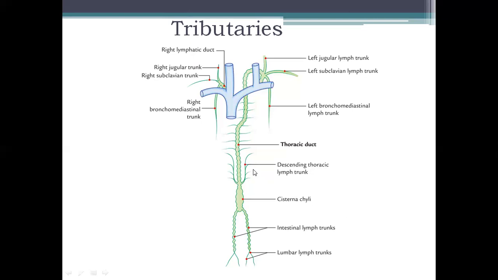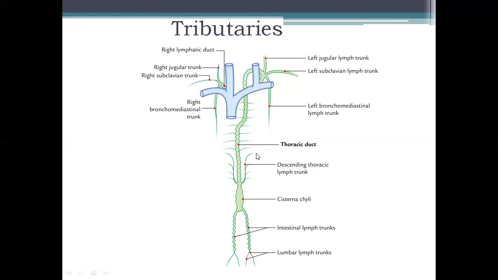Then in the thorax, we have a pair of ascending lymph trunks which drain from the upper lumbar lymph nodes. See here, these are the upper lumbar lymph nodes and these are the ascending lymph trunks. The next one is a pair of descending lymph trunks which drain from the posterior intercostal lymph nodes of the upper 6 spaces.